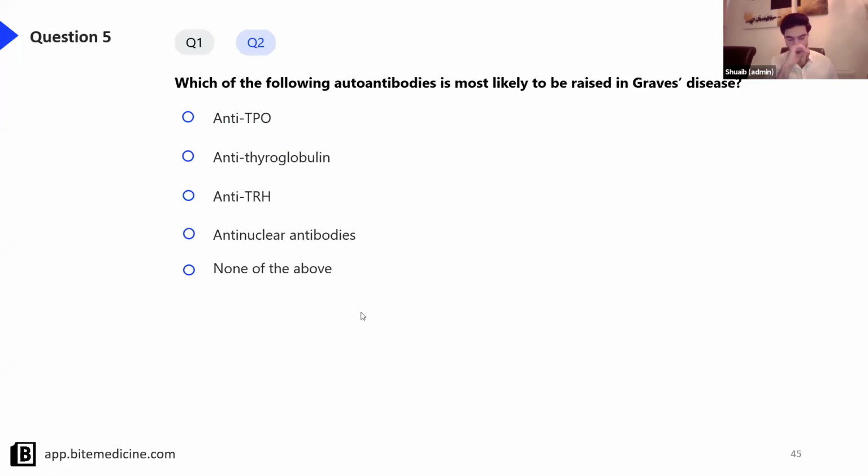We've asked this question before, when we did a thyroid lecture a while ago, so hopefully you should know the answer if you went to that lecture. So yeah, good. The answer is antithyroid peroxidase.